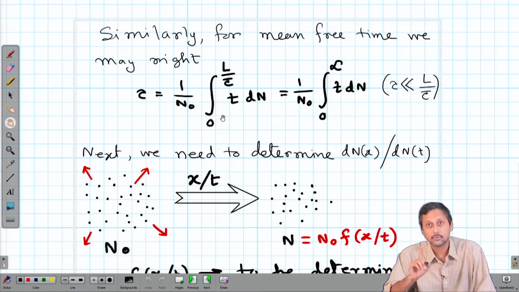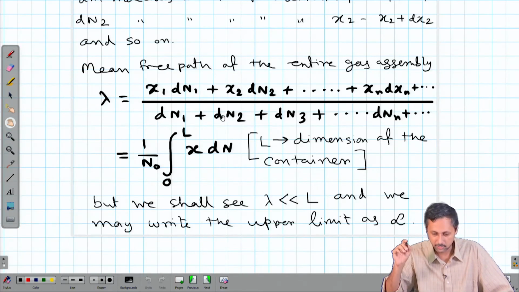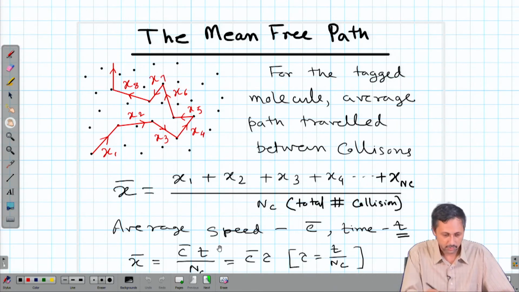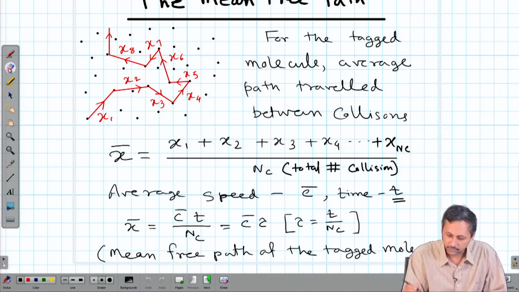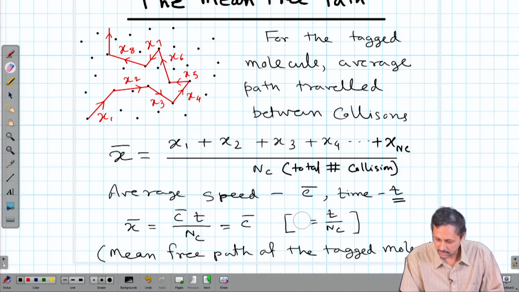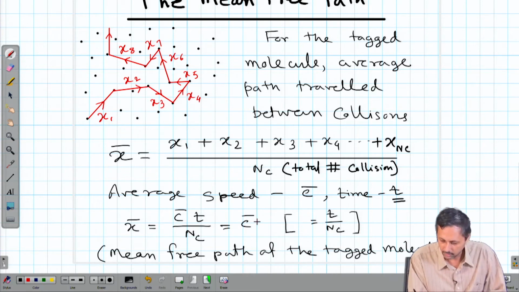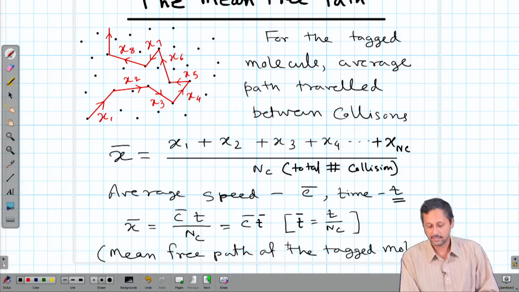Please remember, it is not for one molecule. I should not confuse you by writing tau here. I should write T bar for a single molecule, then I think you get a better feel.